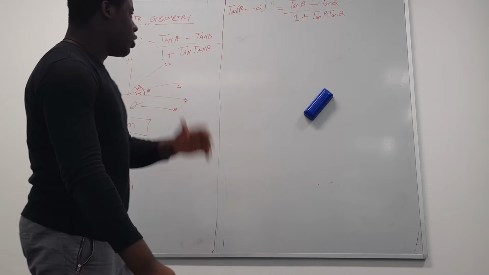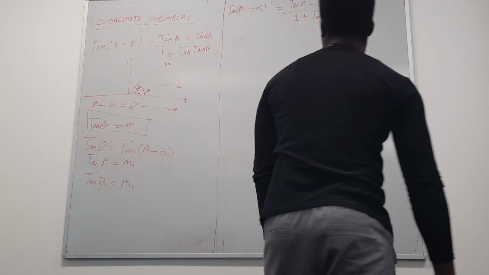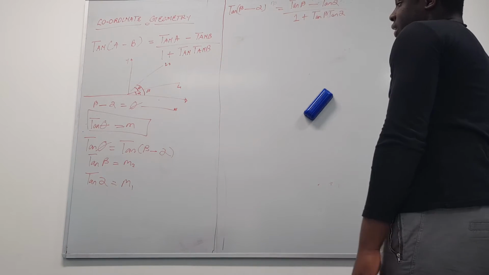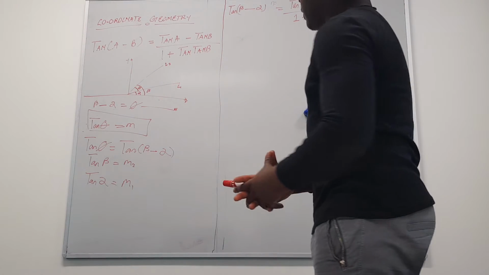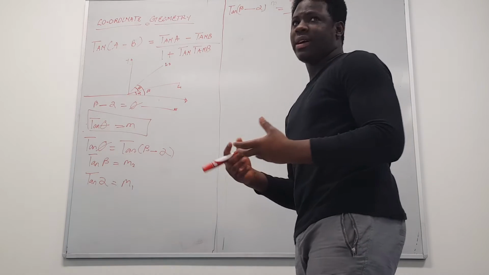But we've already expressed what tan beta and tan alpha are, so we just have to make everything more compact.